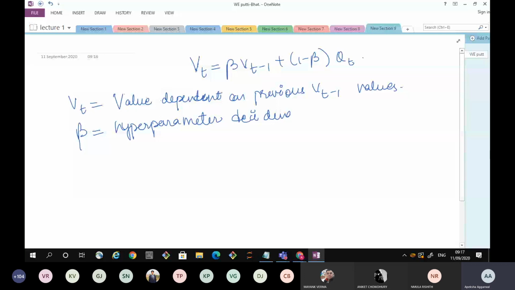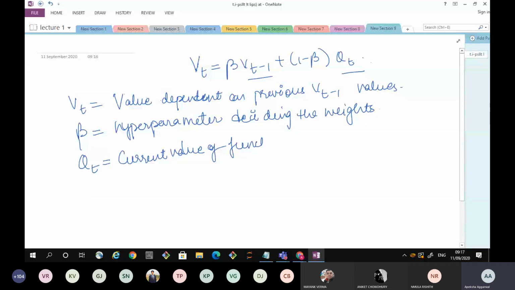Weights means how much we want to give weight to previous values and how much to current values. And theta t is the current value of a function, any function, which can be theta, J theta or something like that, at point t. So theta t is basically the current value.